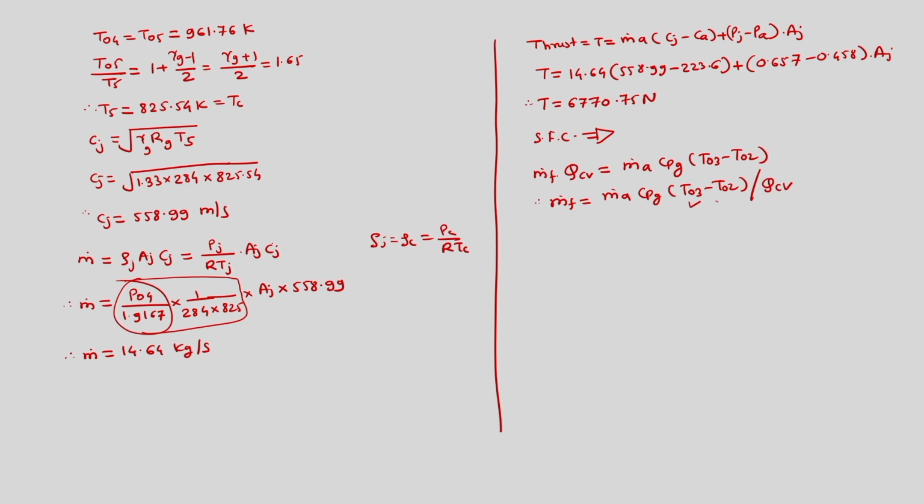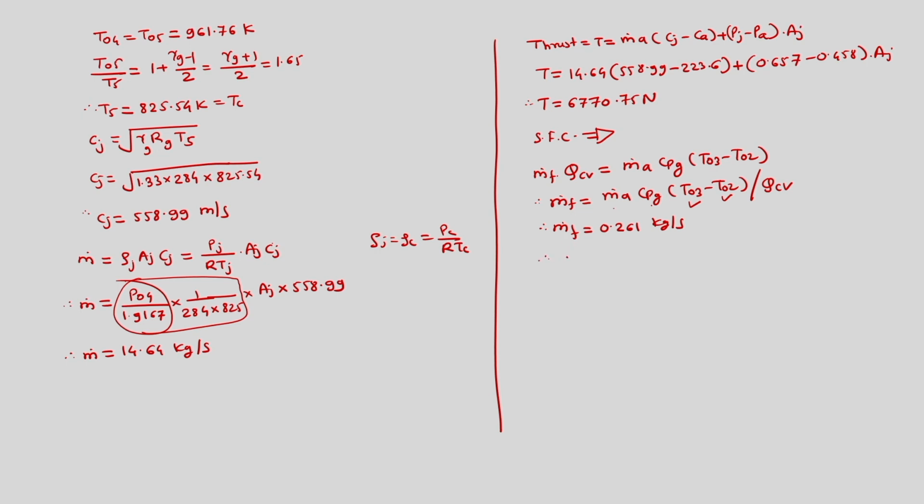T naught 3 is given as 1100, we know T naught 2, Cp of gas is given as 1.147, mass flow rate of air is calculated as 14.64, and QCV, the calorific value, is given as 43 megajoule. So m dot F turns out to be 0.261 kg per second.